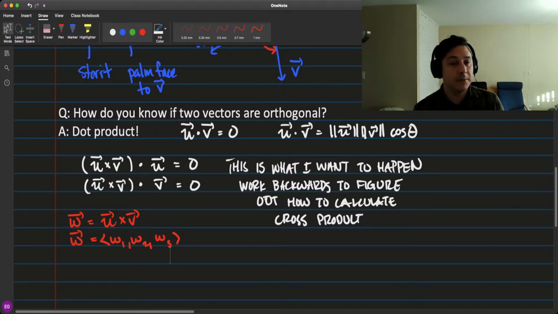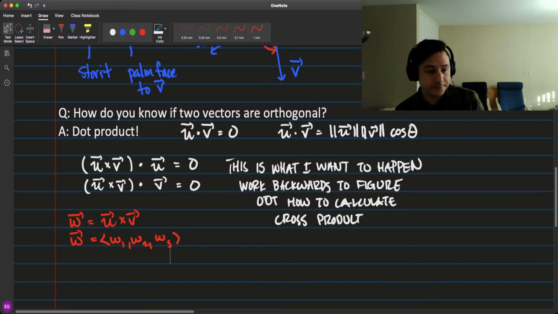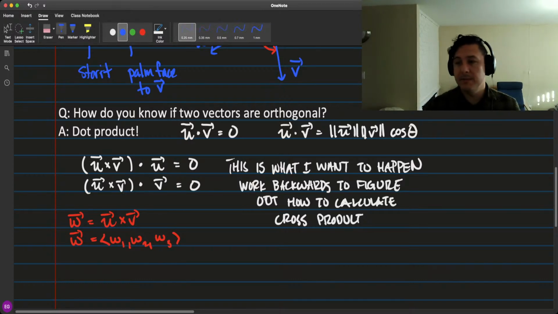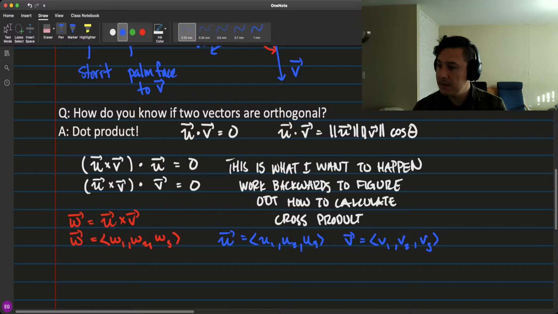So when I talk about W, I mean the cross product of U and V. And let's give some components to U and V. U will have components U1, U2, U3, and V will have components V1, V2, V3.